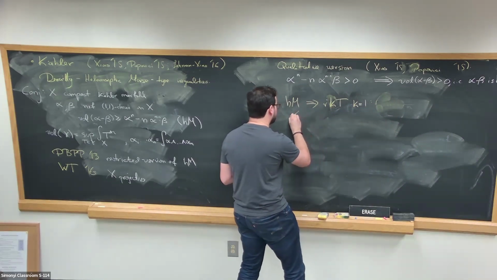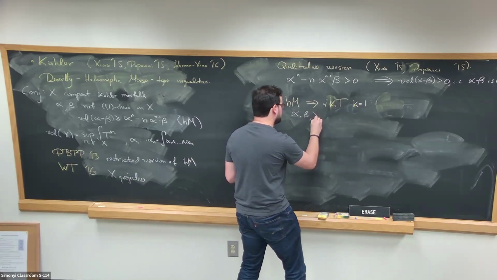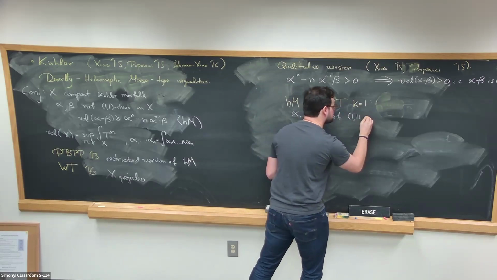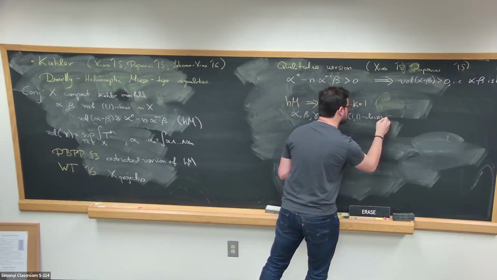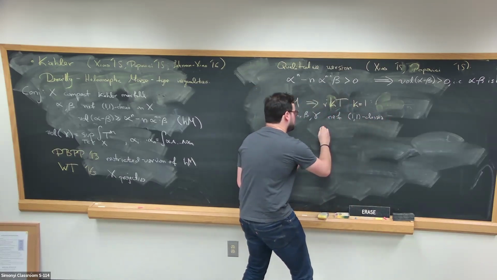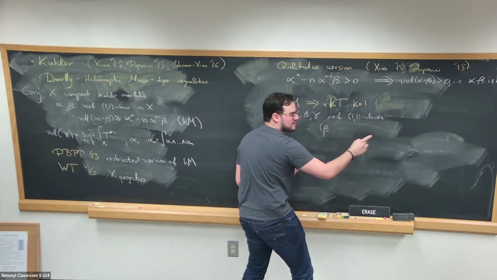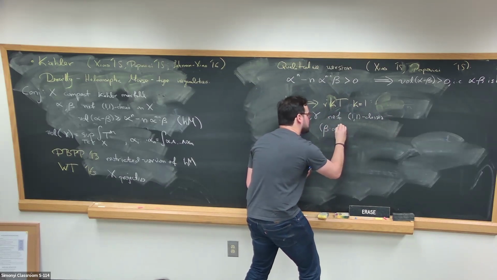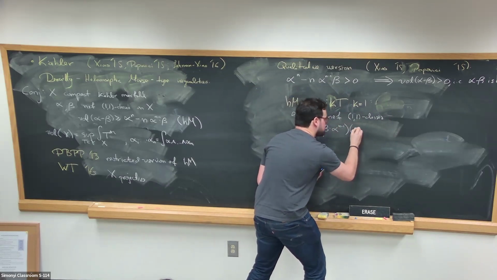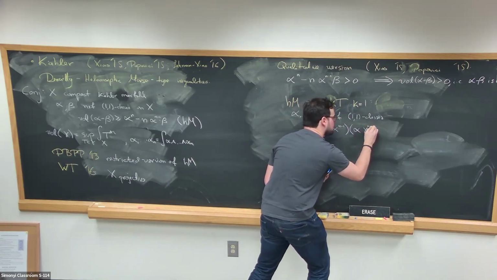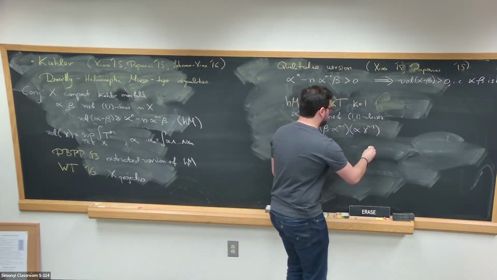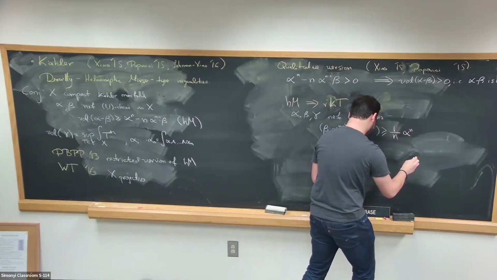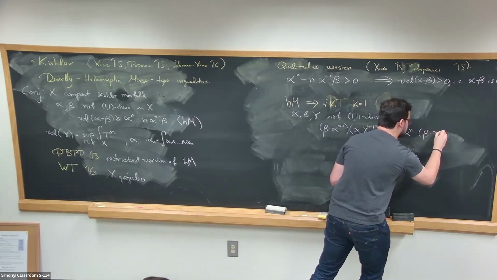We have alpha, beta, gamma, and what we want to prove is that inequality, but in the case k equals 1. So this is beta times alpha to the n minus 1 times alpha gamma to the n minus 1 is greater than or equal to 1 over n alpha to the n beta gamma.